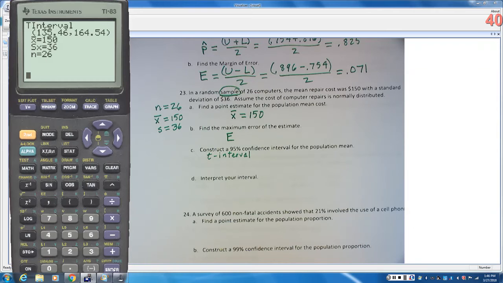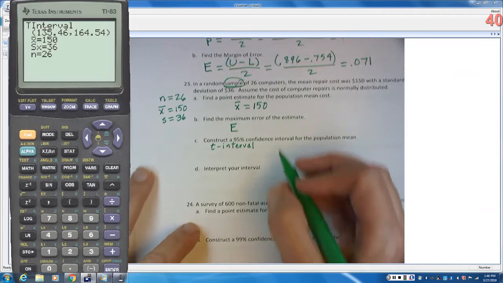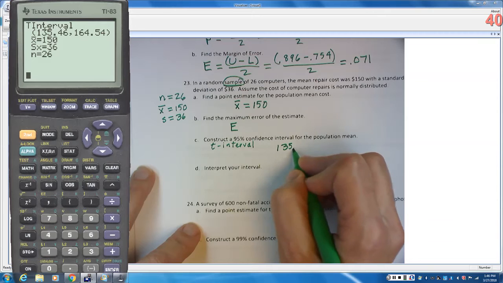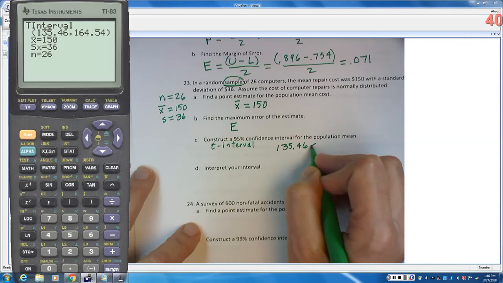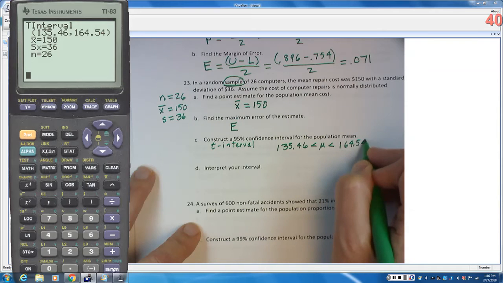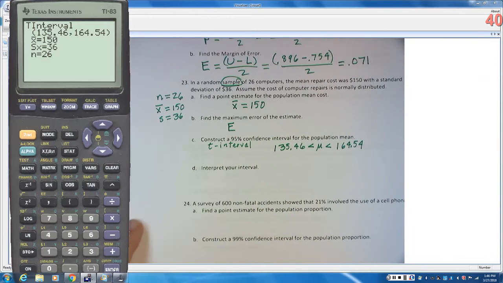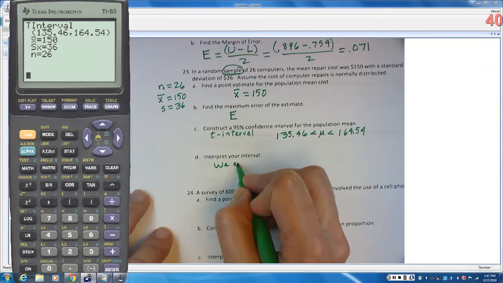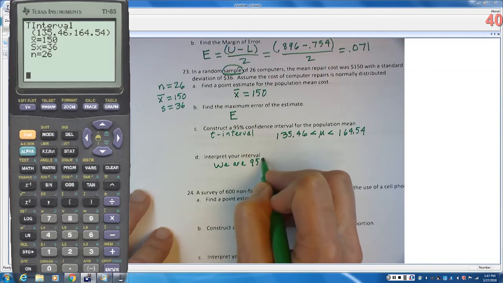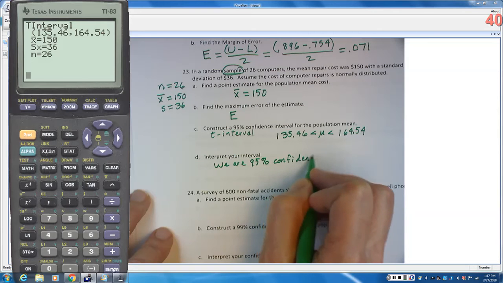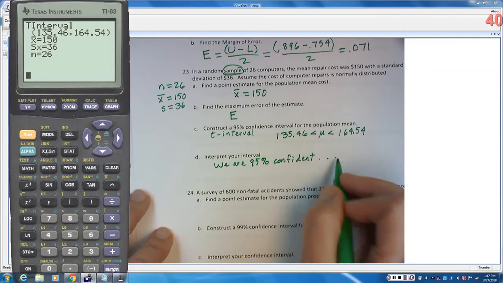It's 135.46 less than mu less than 164.54. Because I'm running out of time, you're going to write this out: we are 95% confident, etc. But you have to write that out. I have the answers posted.